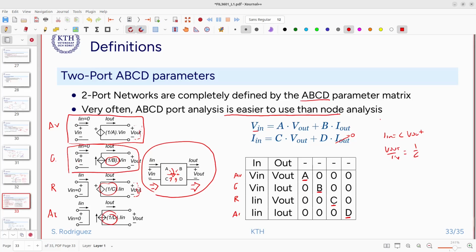So it is important to have a good background on ABCD parameters. Many of the conclusions that we are going to reach during this course come from ABCD parameter analysis. We will take a look during the exercises and also during the labs at how to use the ABCD parameters, because it will be much more helpful than doing a node analysis.